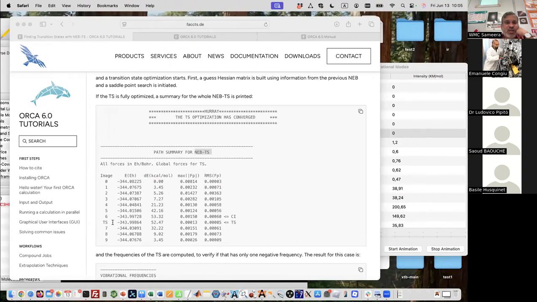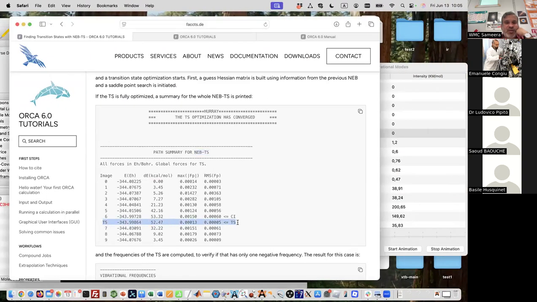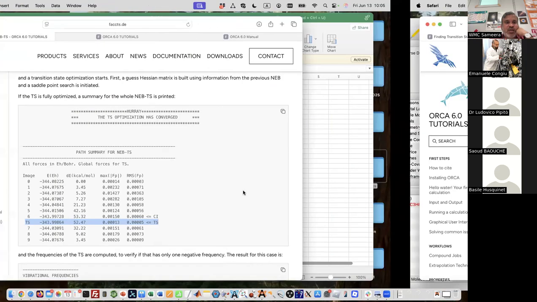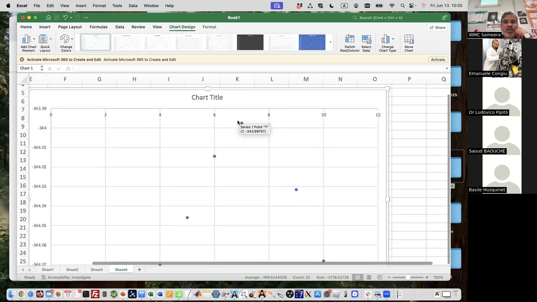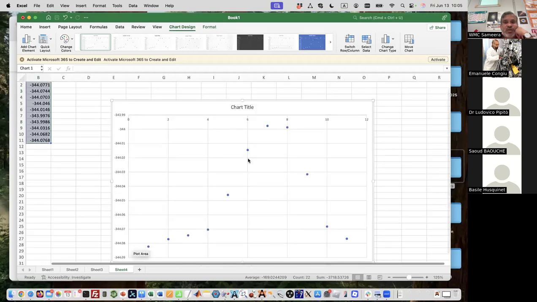According to this calculation, point number 7 is the transition state, which is basically 1, 2, 3, 4, 5, 6. This is the transition state structure. You would see the transition state structure over here, and you can see it connects the reactant side to the product side. So you will always see a nice reaction path using NEB transition state optimization.